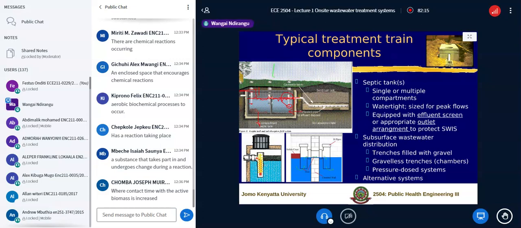Remember we say that these will tend to go down this way. So of course the length helps, but also it means that we don't make this very deep. Because if you make this very deep, it takes very long to get to there. So we limit the depth.